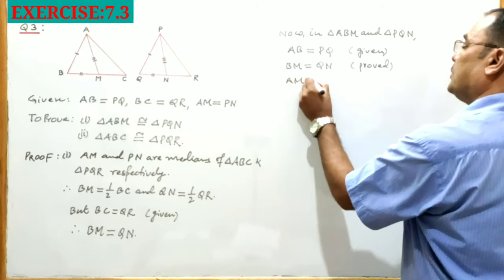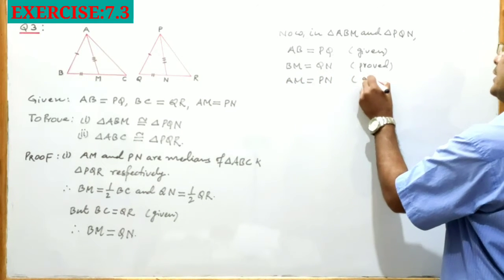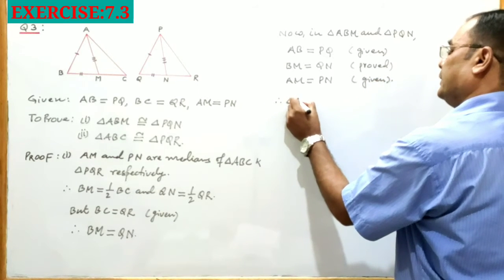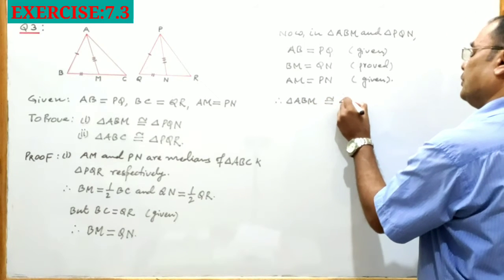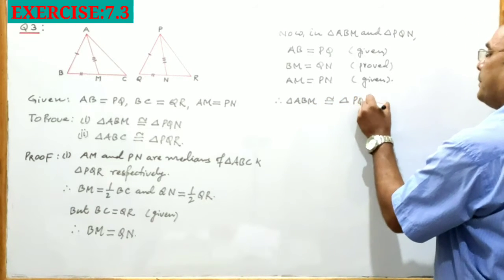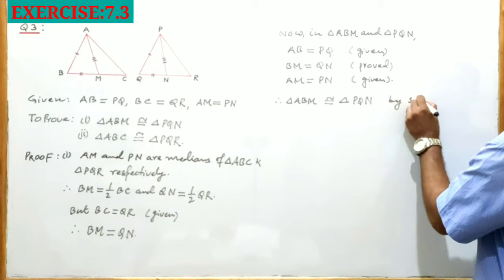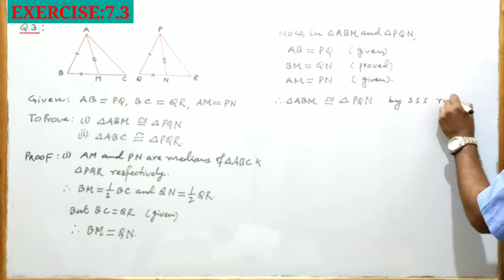AM is equal to PN, this is also given. Therefore, triangle ABM is congruent to triangle PQN by side side side congruence rule.